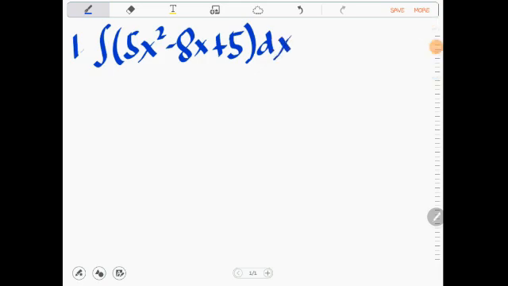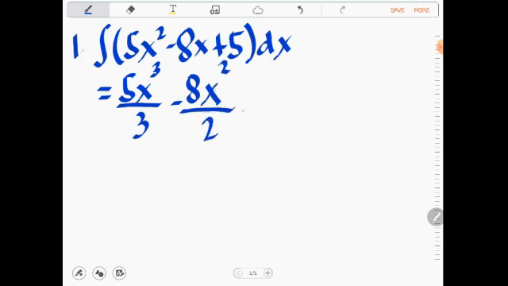Okay? So, dito, this would be equals to 5, x raised to 2 plus 1 is 3. So, this is x cubed all over 3, minus 8, x raised to 1 plus 1 is 2. So, this is x squared all over 2, plus 5x plus the arbitrary constant c.